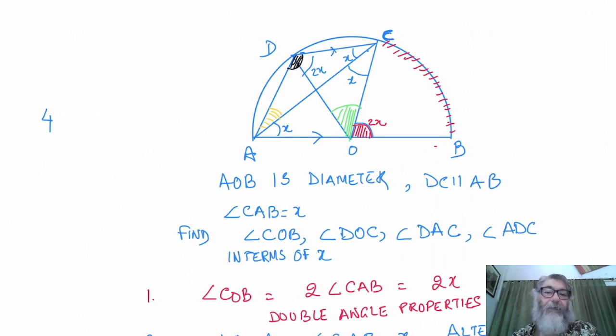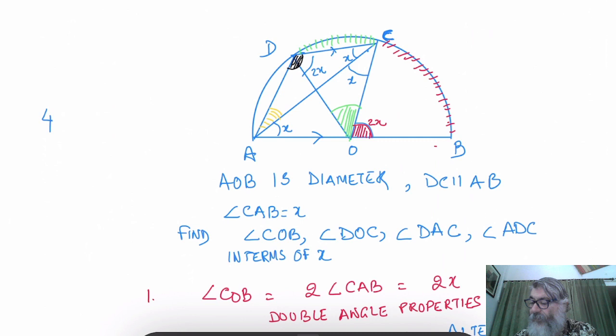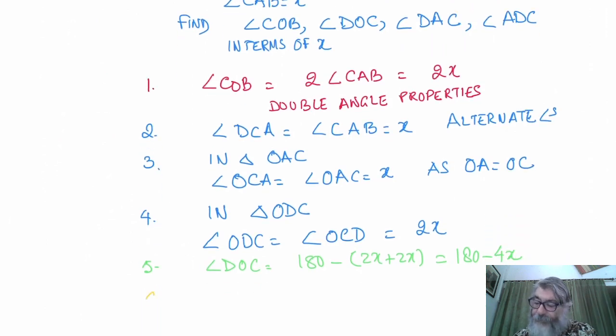Now I have to calculate angle DAC. Again, I'll take a different color, green. The arc DC makes angle DOC at the center, and the same arc DC makes angle DAC at the circumference. So DAC will be half of angle DOC.